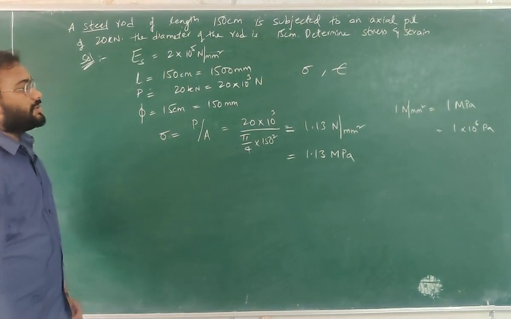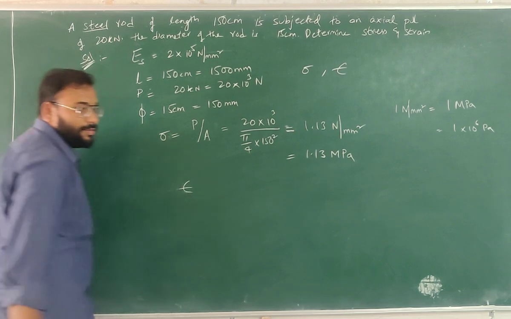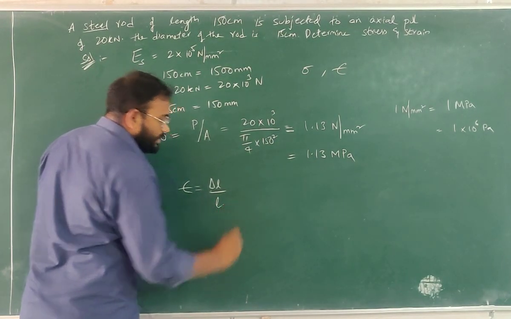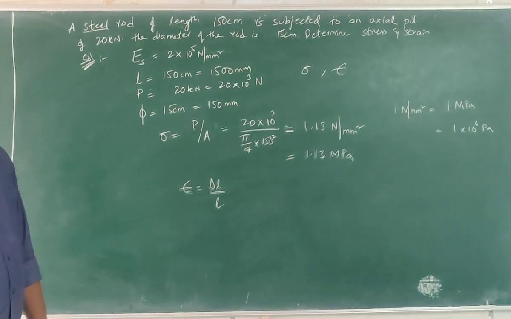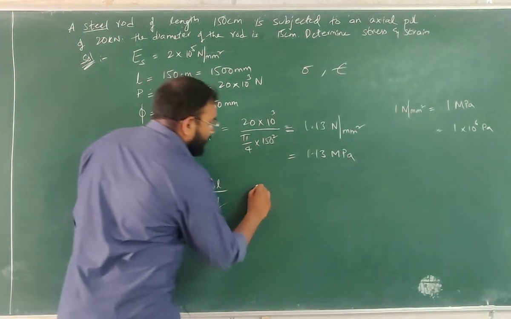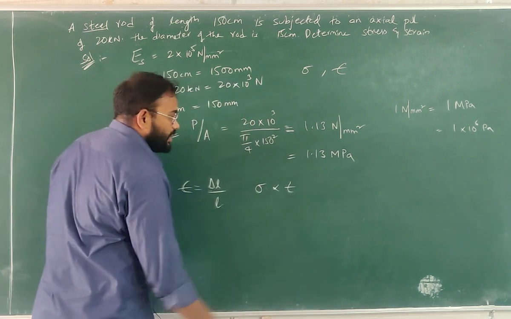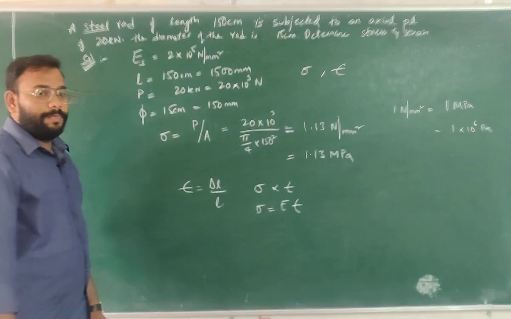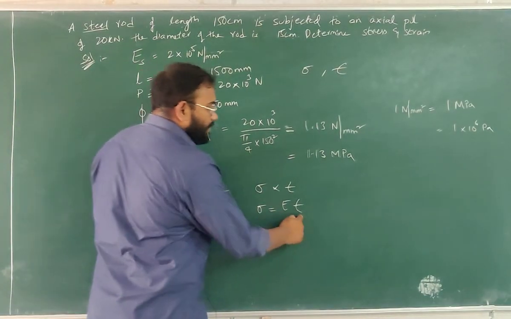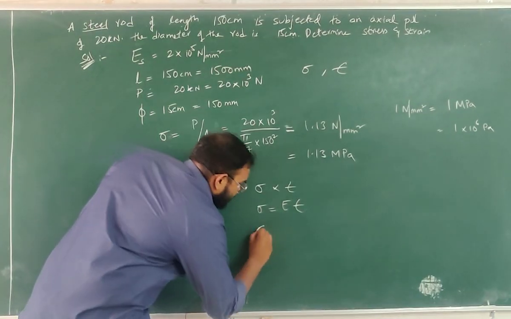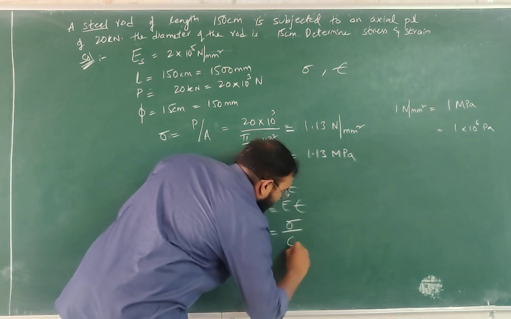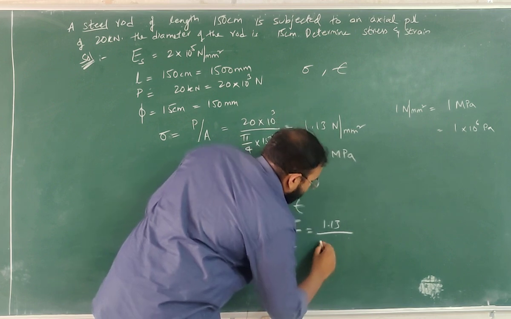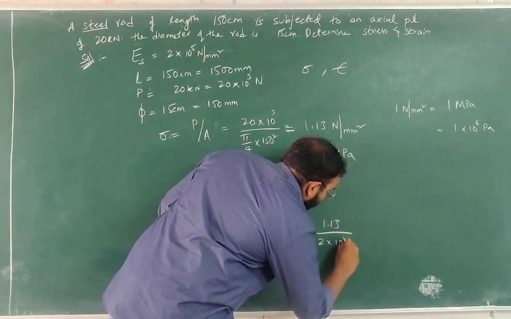Now, what more is asked? Also determine strain. What is strain? Strain is change in length upon original length, but you are not given the change in length. So strain you can also determine. Stress is directly proportional to strain, or stress is equal to E times epsilon, Young's modulus multiplied by strain. So strain is equal to stress divided by E. Substituting, 1.13 divided by 2 into 10 to the power of 5.